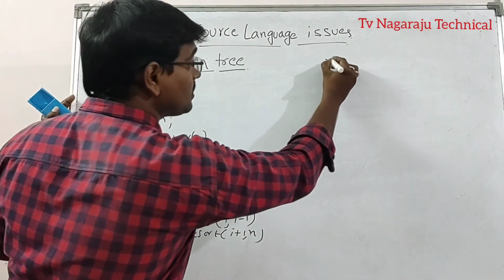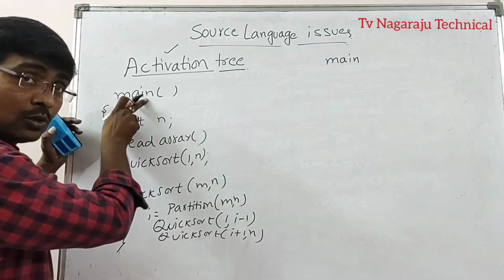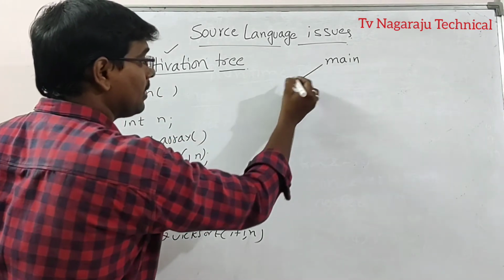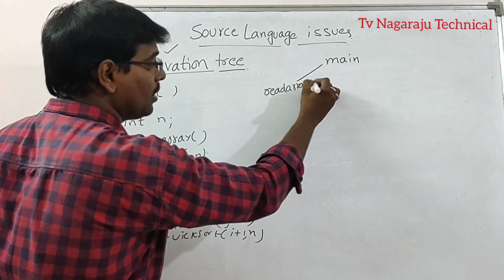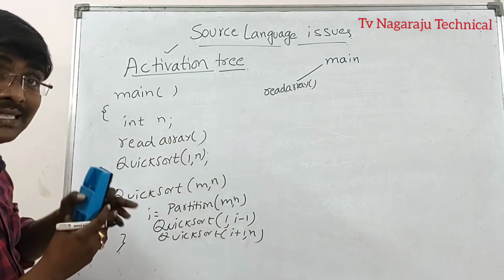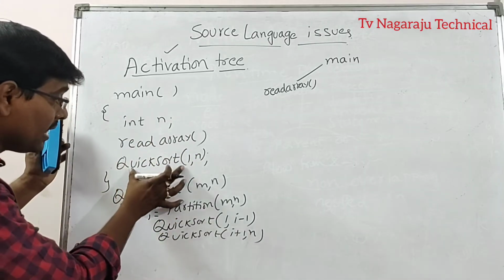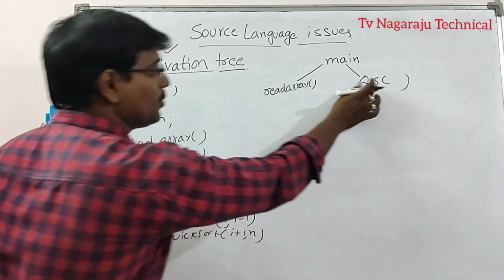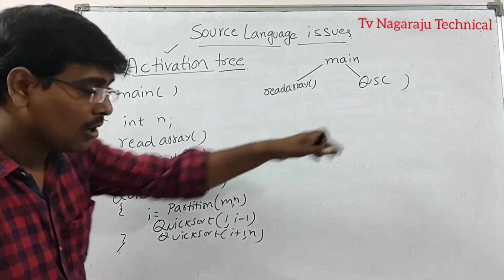The root is main. First, main calls the procedure read array. Once read array is completed, it then calls the procedure quicksort.